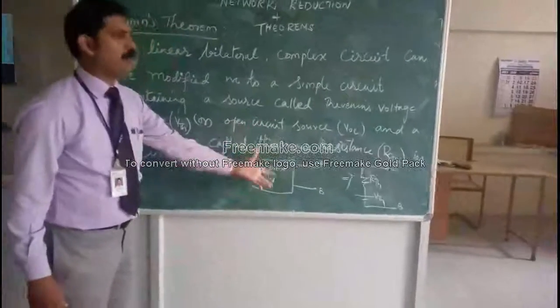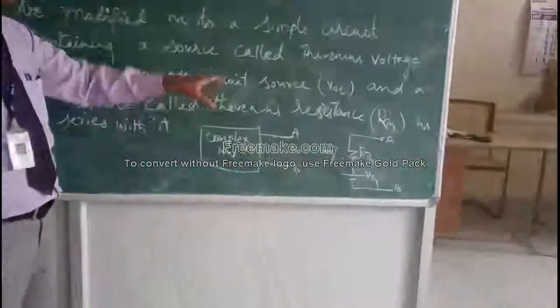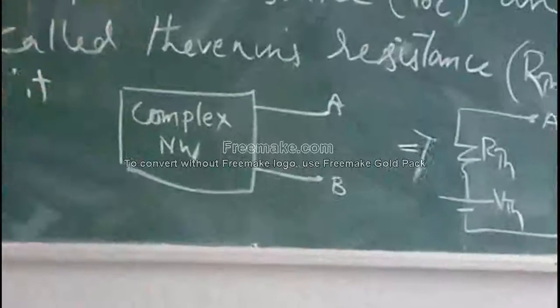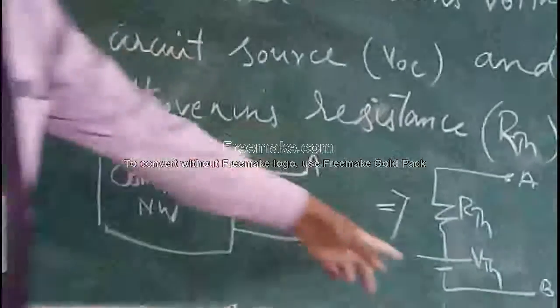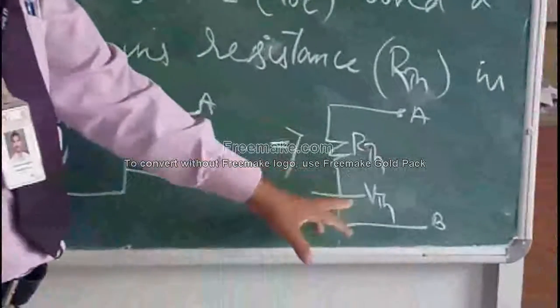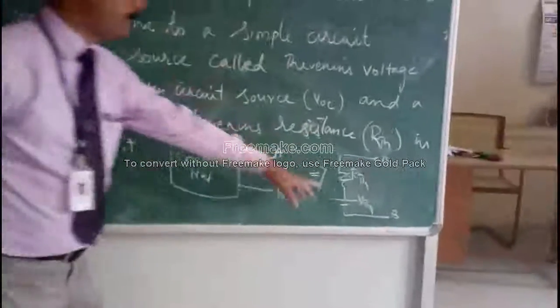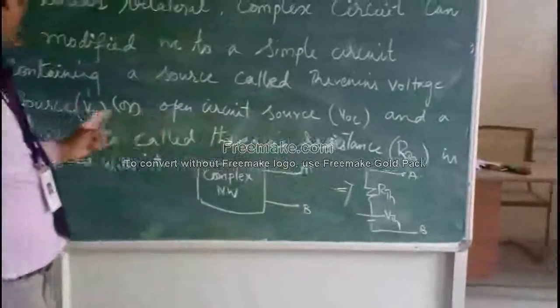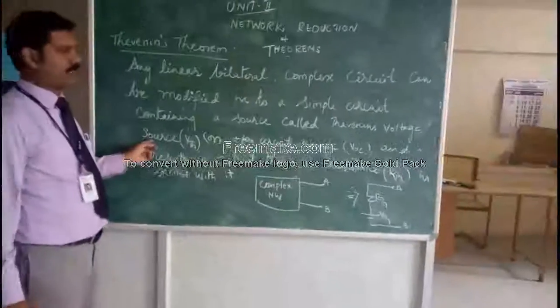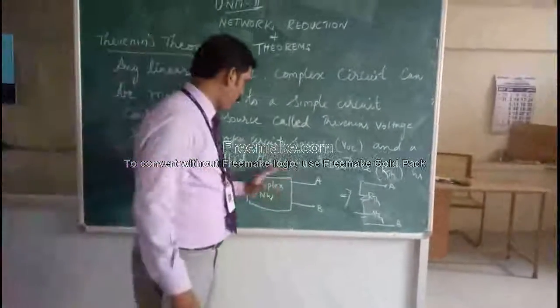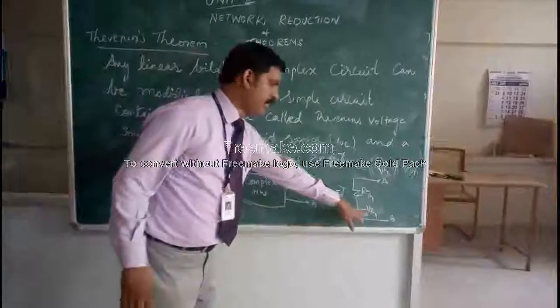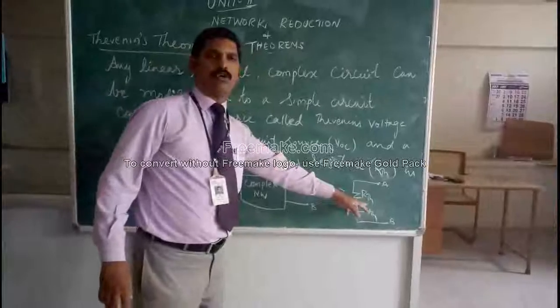That complex network with sources and resistances can be modified into a simple circuit with a voltage source called Thevenin's voltage, and a resistance in series with it. You can see this complex network being modeled with V Thevenin and a resistance called R Thevenin.